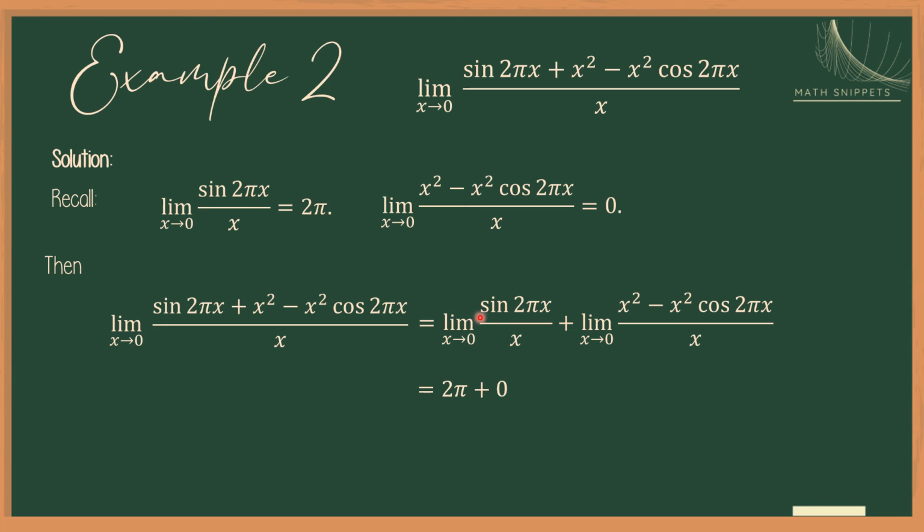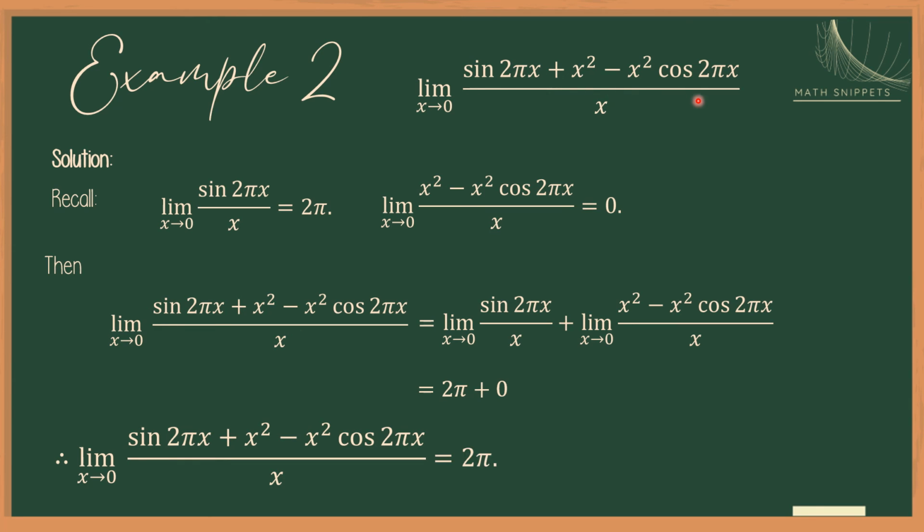So we have the limit of this is 2 pi, the limit of this is 0. So therefore, the limit of sine of 2 pi x plus x squared minus x squared cosine of 2 pi x over x as x approaches 0 is equal to 2 pi.